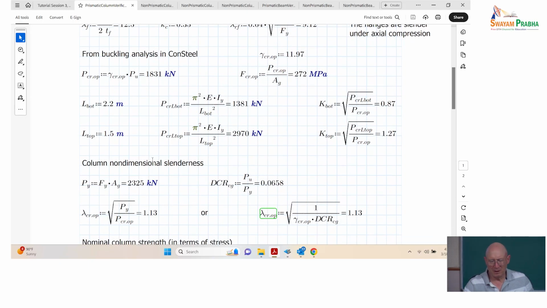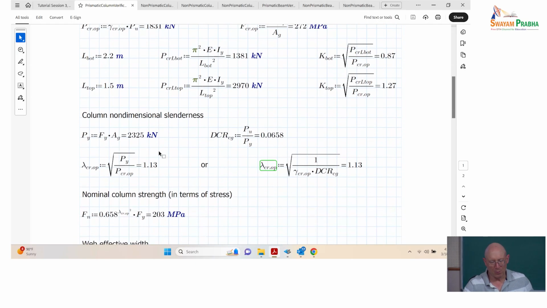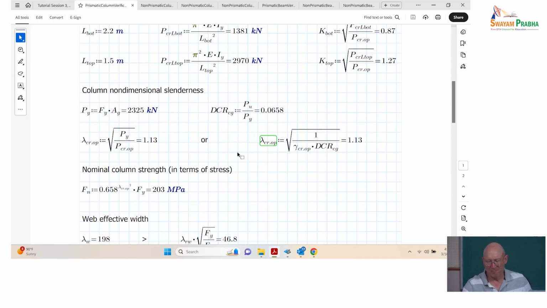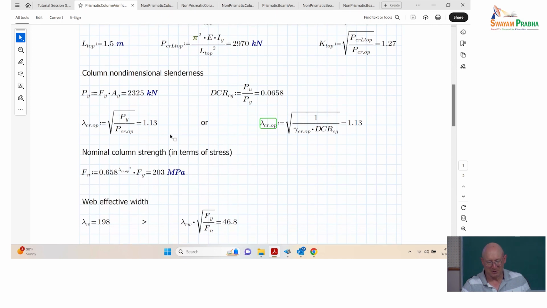Okay. So from here, we're going to calculate a column non-dimensional slenderness. Again, if you see me in a month or two and I'm all black and blue, it's because they got me in a corner at the AISC task committee meetings and beat me up and told me no way are we going to use a lambda in the AISC specification. It's damn the torpedoes.